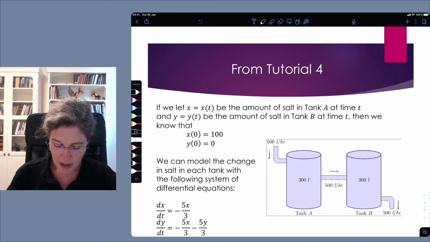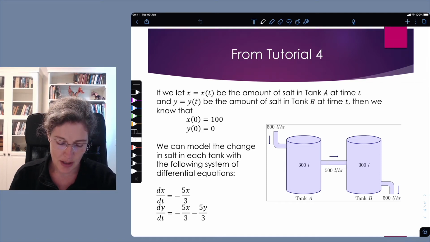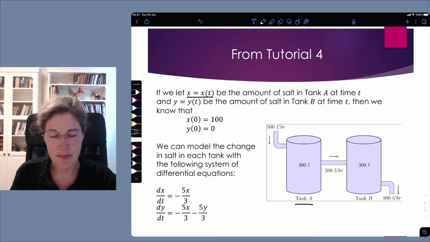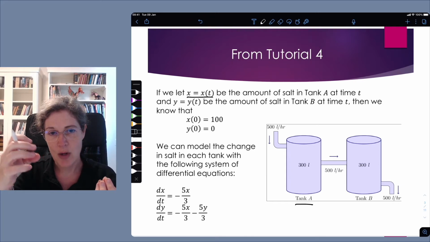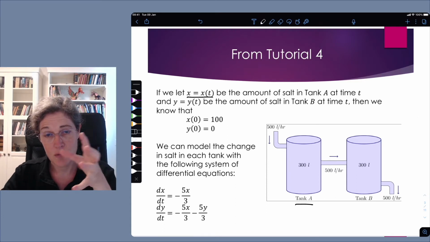So we worked out in tutorial 4 that we let x of t be the amount of salt in tank A at a given time t, and we know that that's going to change because it starts out with a certain amount, but then the brine mixture is leaving tank A and fresh water is coming into tank A, so it must be changing.